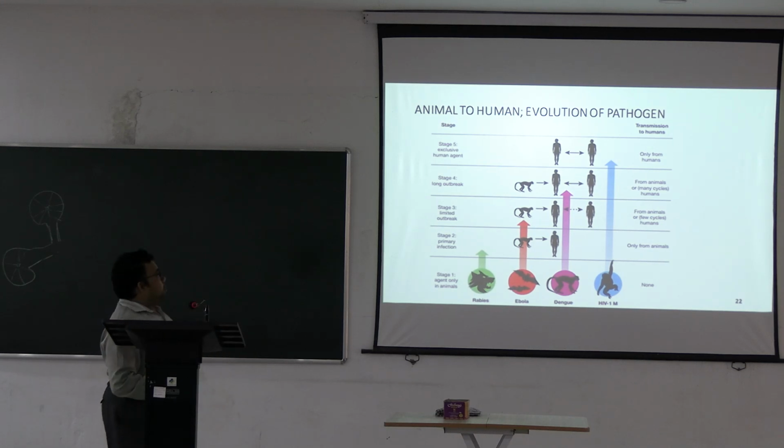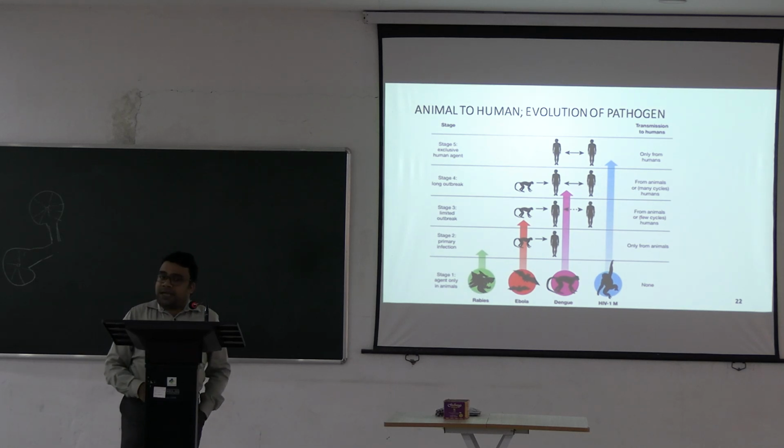Now, please look at this picture. This picture shows how a particular pathogen may evolve from being an animal pathogen to a human pathogen. So it probably goes through five stages. In the first stage, the pathogen is only causing disease in animals. In the second stage, the pathogen causes the disease predominantly in animals, and sometimes may spill over to human beings because of the mode of transmission.